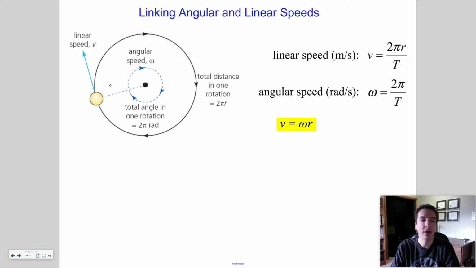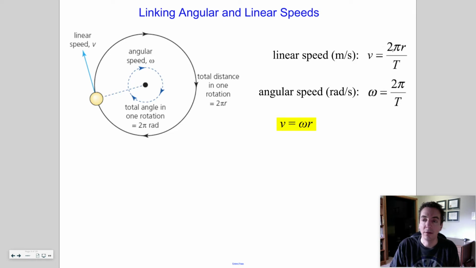Okay, so linking angular and linear speeds, just comparing the two. Before we had linear speed going around and around and around in so many meters per second. Here, instead of meters, we talk about radians. So the total angle in one rotation is 2 pi radians. So if you remember from Math 30, the circumference of a circle is 2 pi r, and the total angle in one rotation is 2 pi radians.